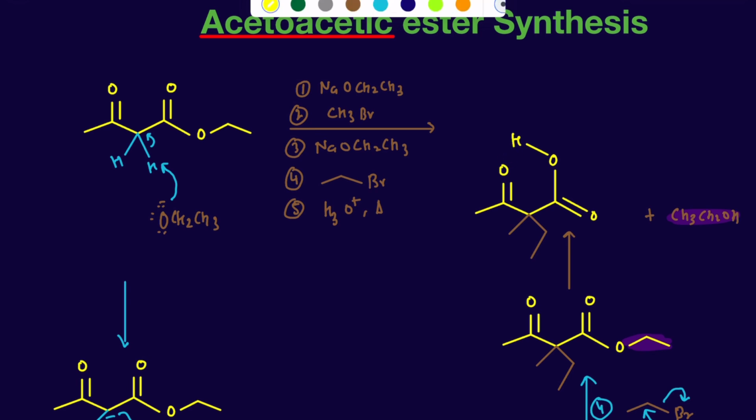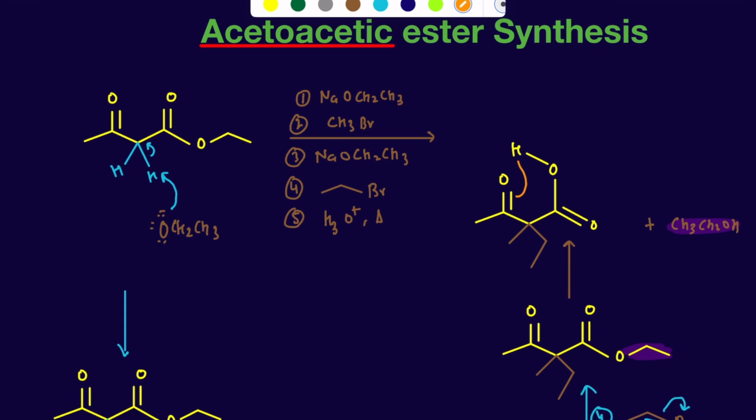This goes in to grab that proton, and then this comes down here to make the carbon dioxide, and this bond comes down to make this double bond here. So at the end of the day, this part of the molecule makes the carbon dioxide. That's why it's called a decarboxylation.